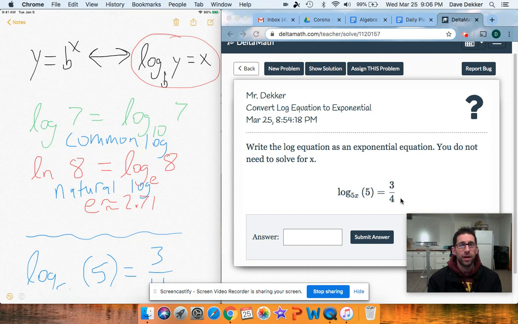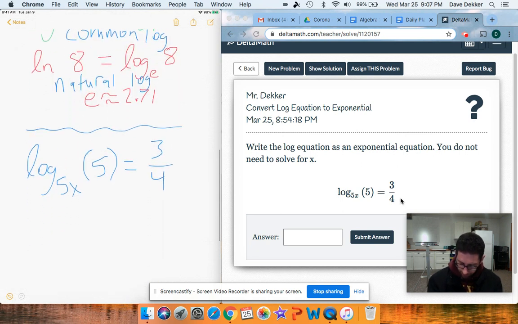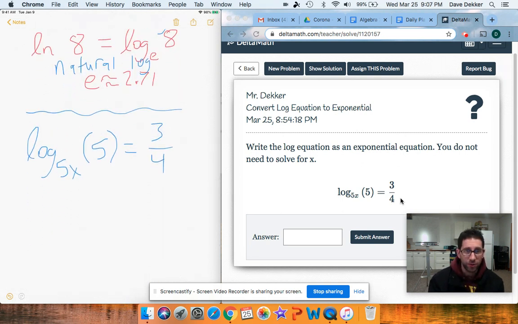So keep in mind that whatever is next to the log, that kind of goes off by itself. The base stays the same. And circled in red there, whatever is off by itself becomes the power. Okay, so for this one, if I were to compare the two, okay, 5x is the base.